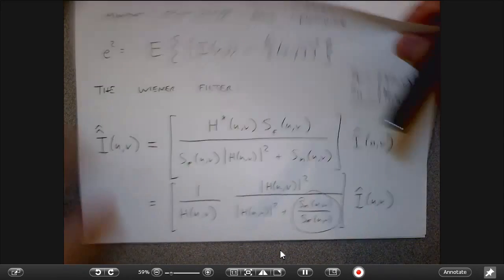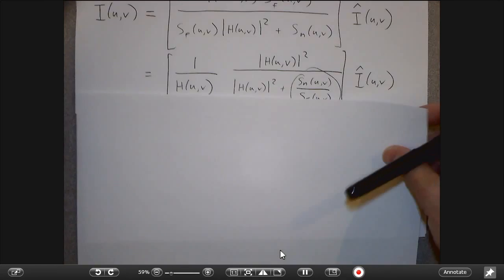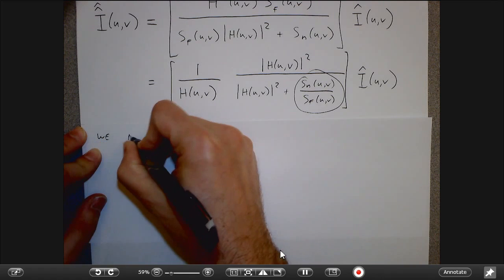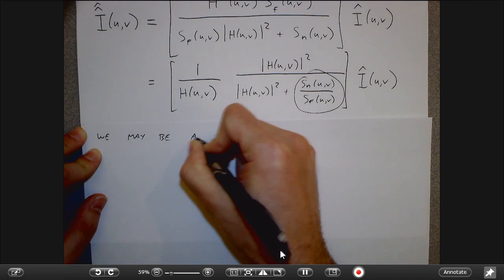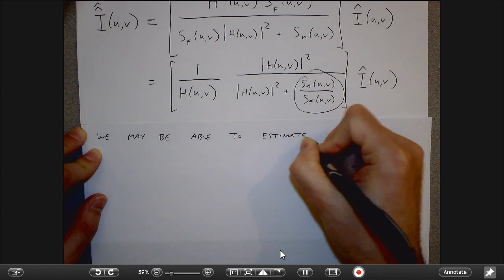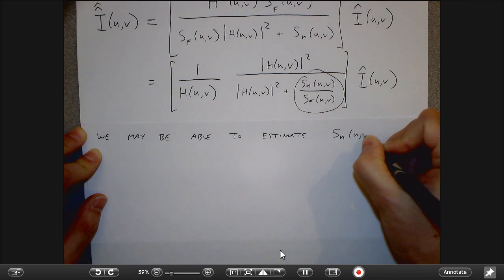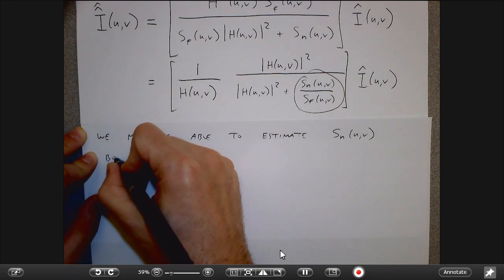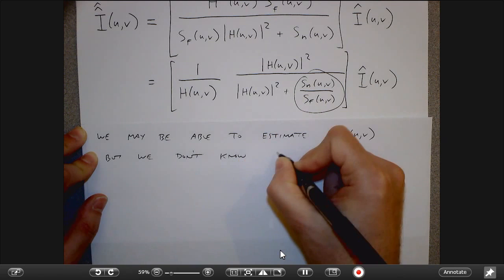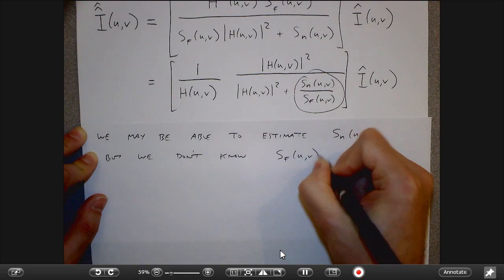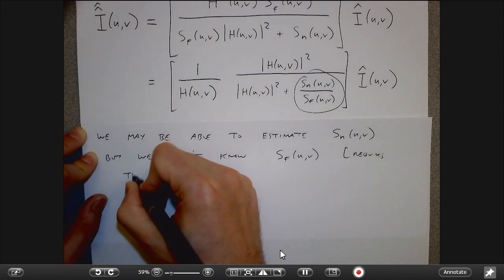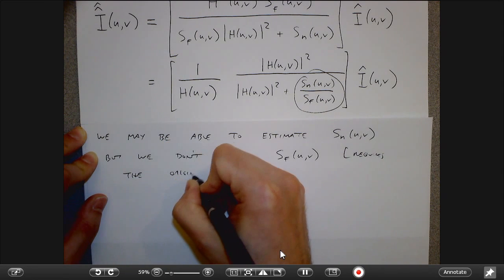So let me say that in a different way. We may be able to estimate the power spectrum of the noise, but we don't know the power spectrum of this because it requires the original image.